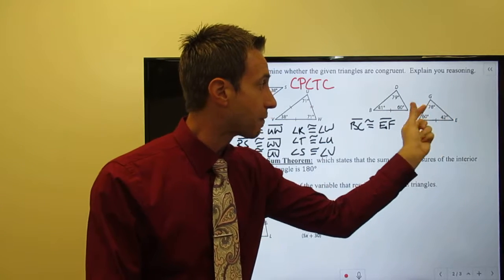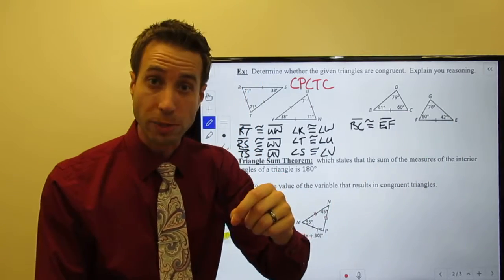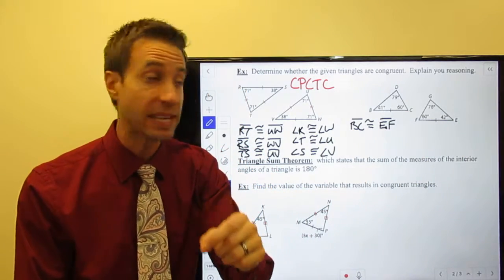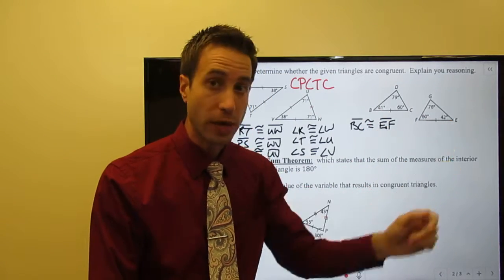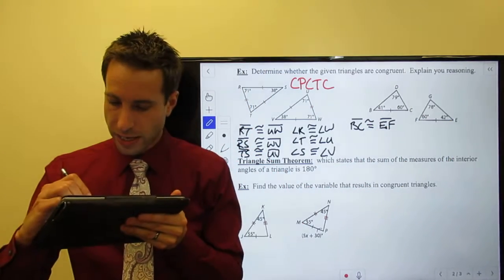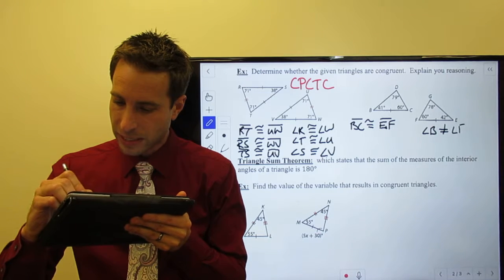But B and E are corresponding angles, so they'd have to be the same. B is 41, E is 42. Those are not equal, so angle B does not equal angle E.